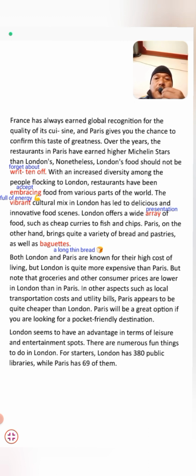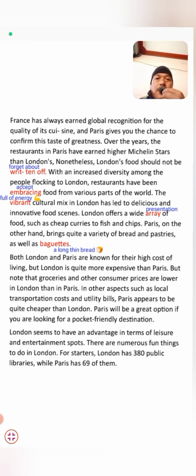The vibrant culture mix in London has led to a delicious and innovative food scene. London offers a wide array of foods, from chips and curries to fish and chips.